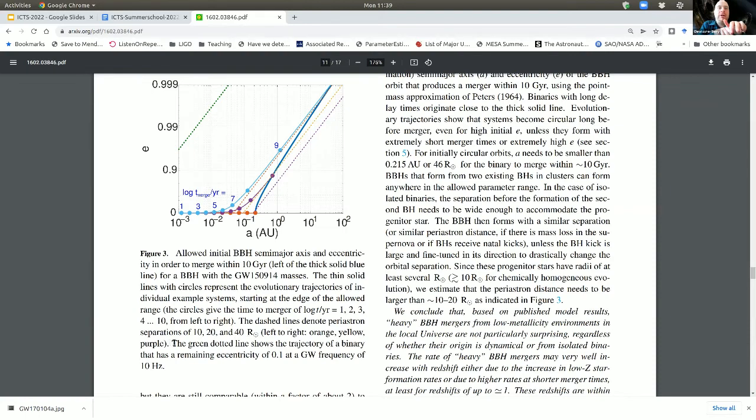Okay, a green dotted line shows the trajectory of a binary that has 0.1 eccentricity at gravitational wave frequency of 10 hertz. Yeah, so that's the different one. So this one would still have some eccentricity left that would be detectable in our observations. So you can see you need to start at really high eccentricity comparatively at a given radius in order to maintain any residual eccentricity that would be measurable in the LIGO-Virgo-KAGRA band.